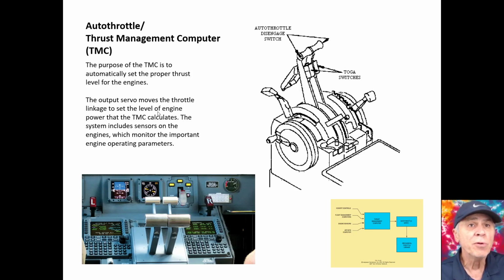The output servo moves the throttle linkage to set the level of engine power that the TMC calculates. The system includes sensors on the engines and monitors the important engine operating parameters.